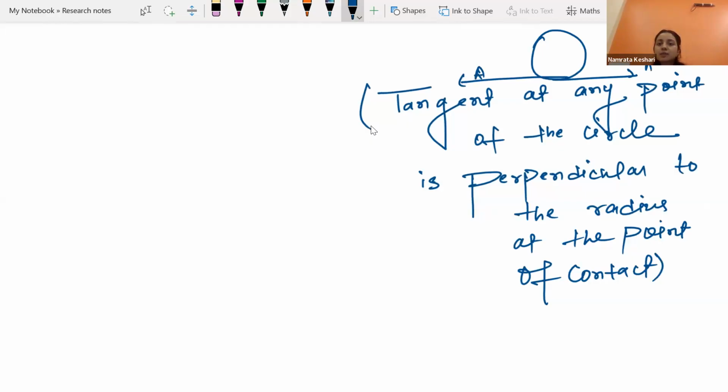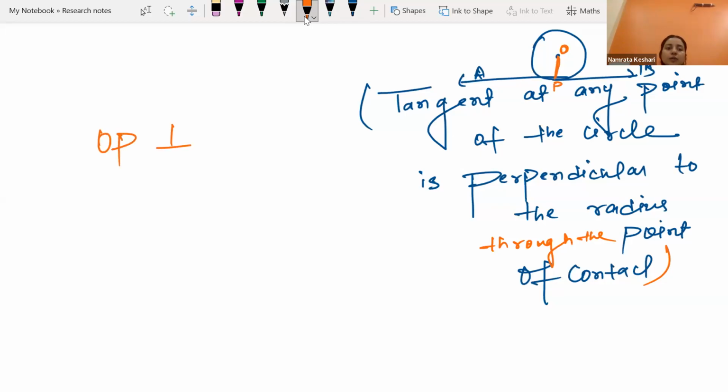According to the first theorem, which I have written over here, the proper statement will be through the point of contact. This theorem you already know. According to this theorem, we can say that here is a point O, and OP is perpendicular to AB.